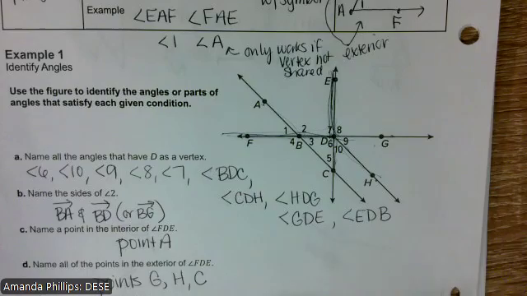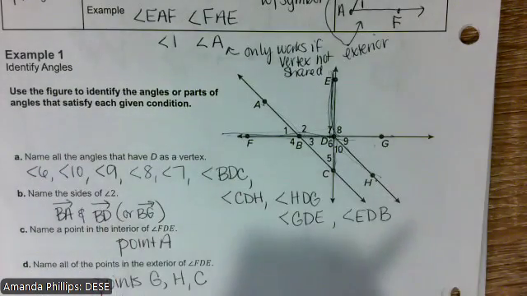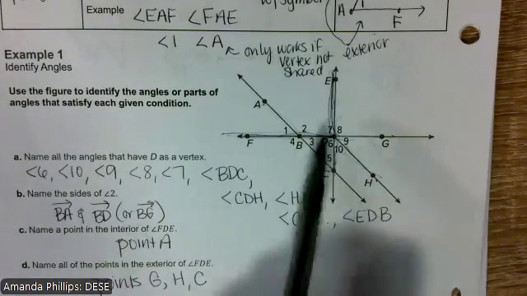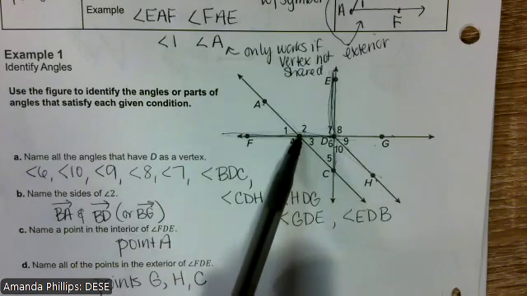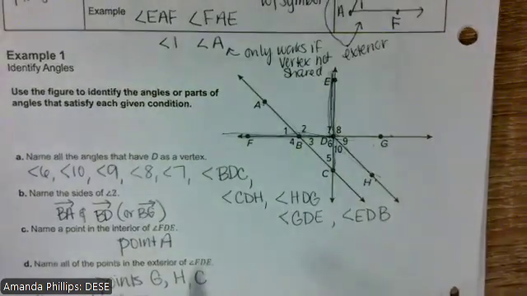All right, name a pair of opposite rays. Now, there are a lot of options. What we're looking for is a straight angle, where we have a common vertex, a common endpoint, and they go in opposite directions.